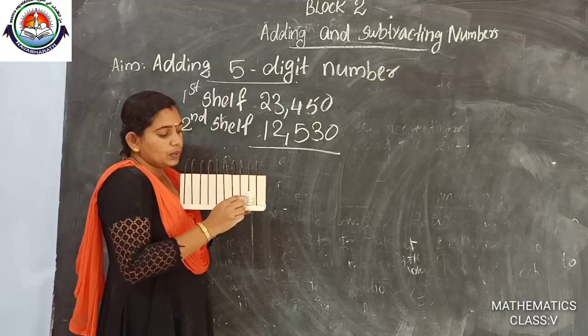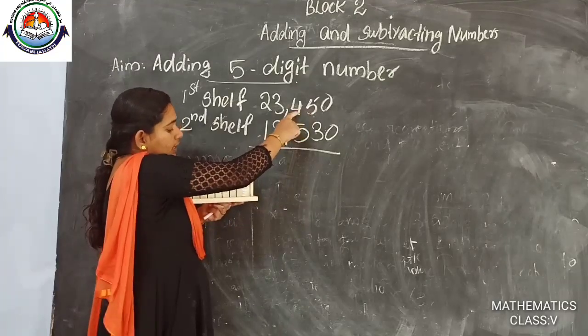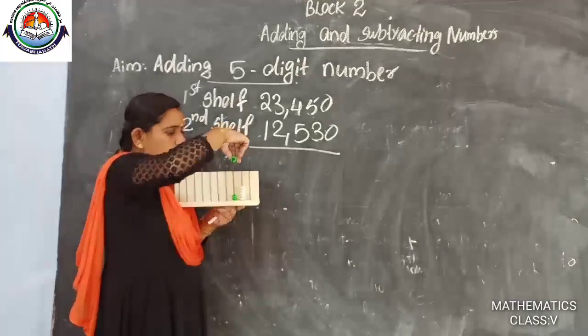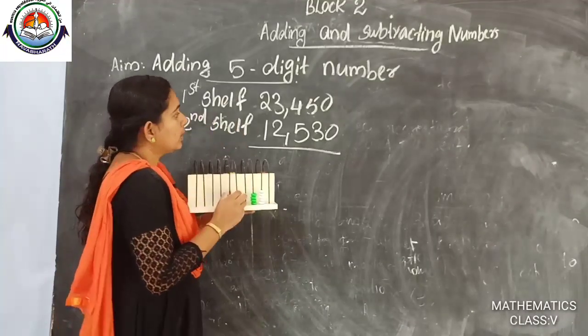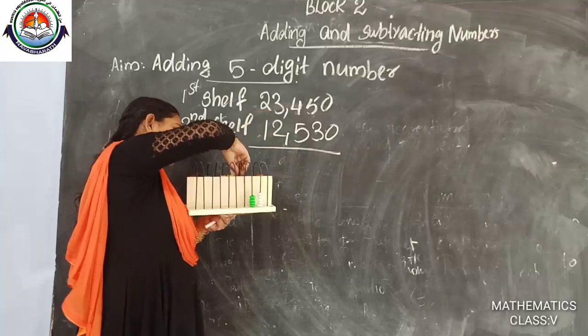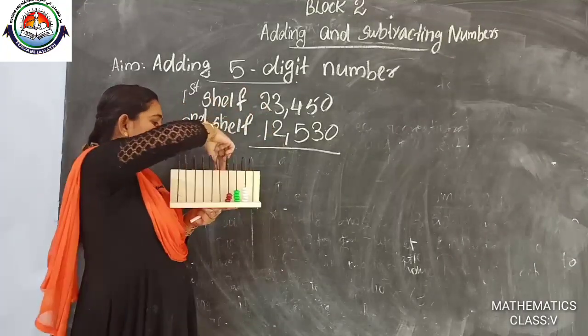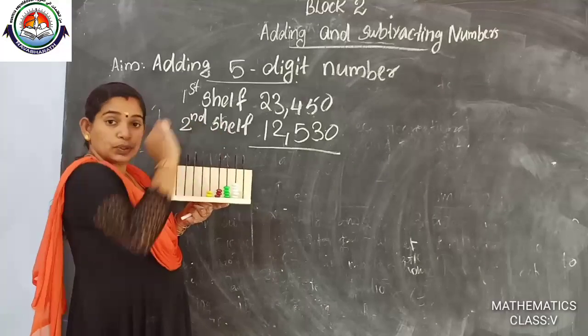Then hundreds place 4: 1, 2, 3, 4. Then thousands place 3: 1, 2, 3. Ten-thousands place 2: 1, 2.